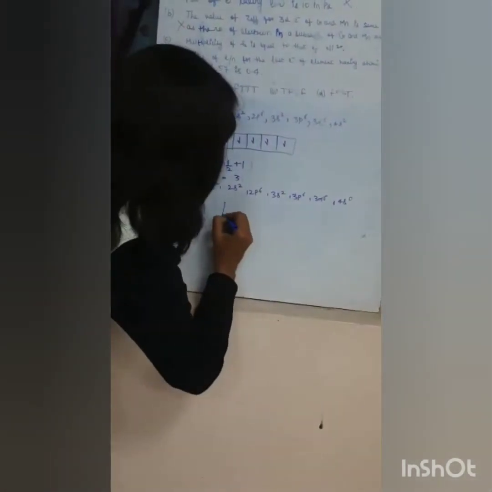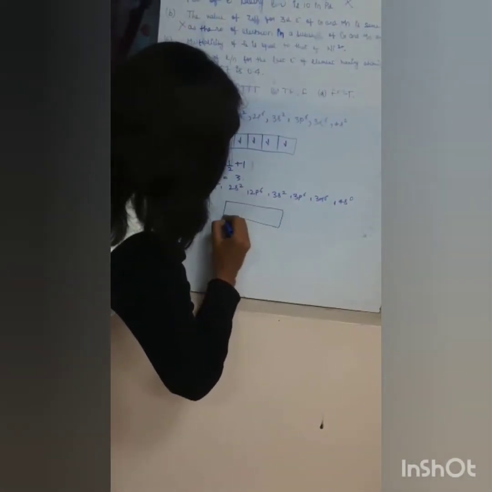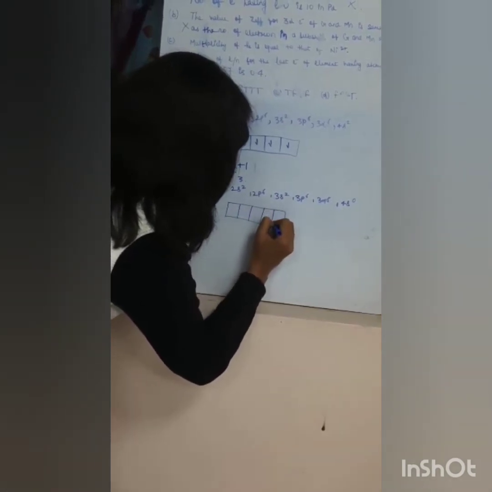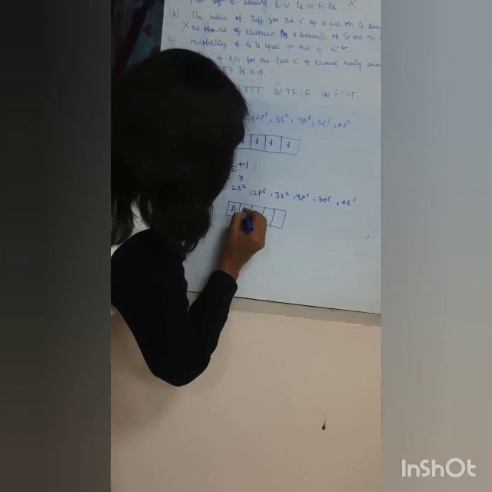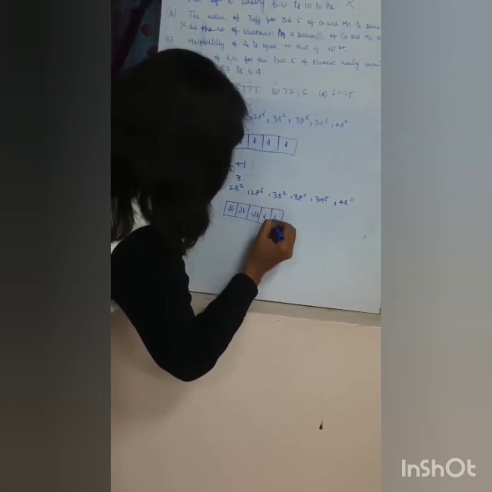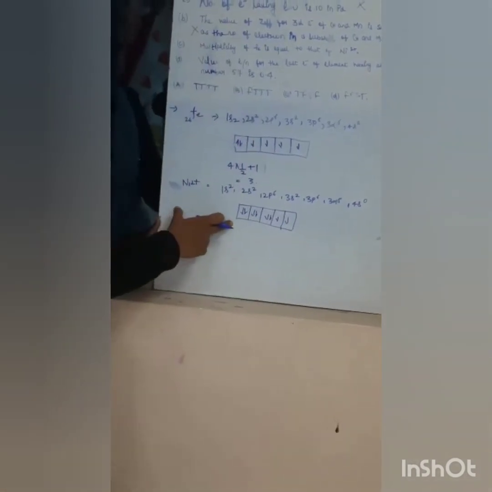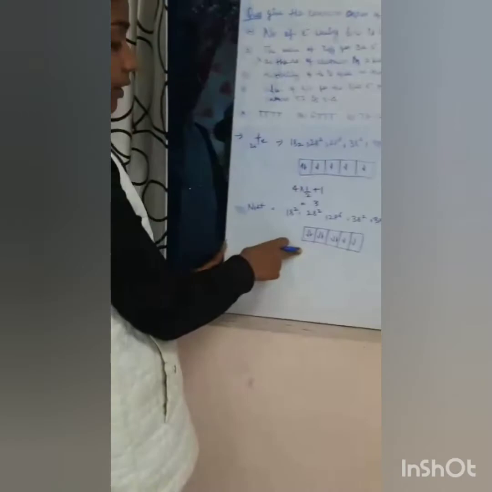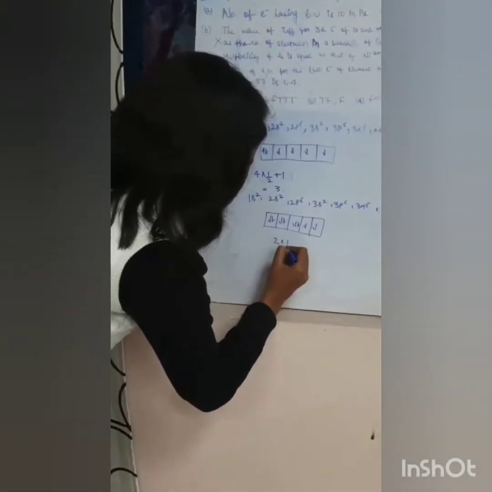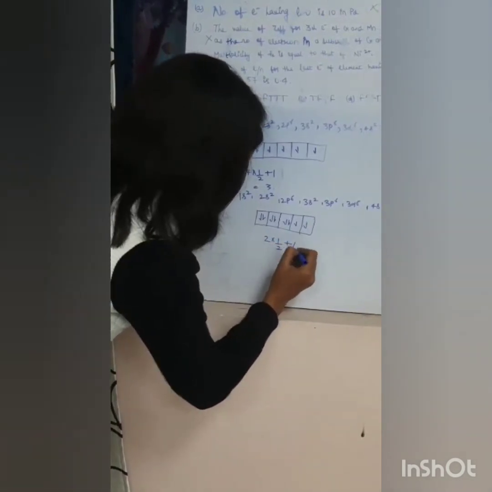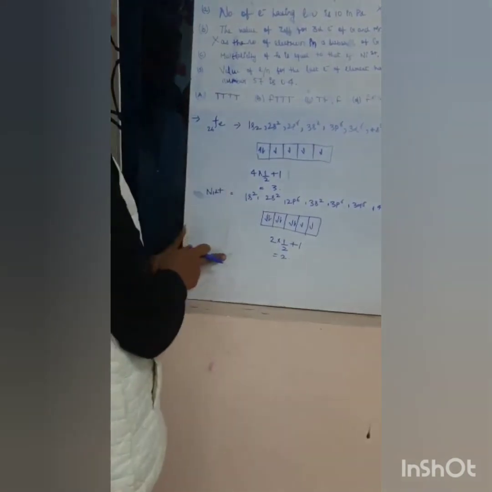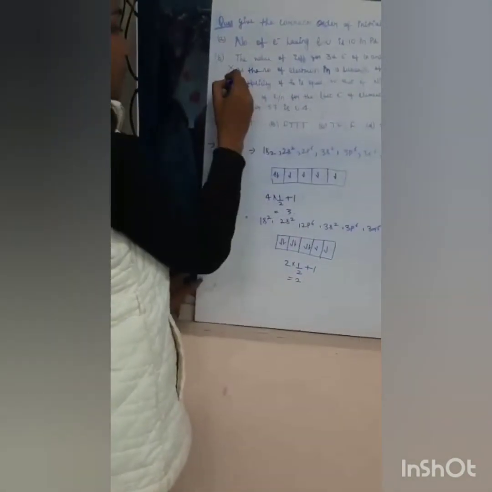Now we will draw the subshell. The formula is the same: number of unpaired electrons into half plus 1. The number of unpaired electrons is 2, so 2 into half plus 1, which is equal to 2. So both are not similar. So the third statement is also wrong.